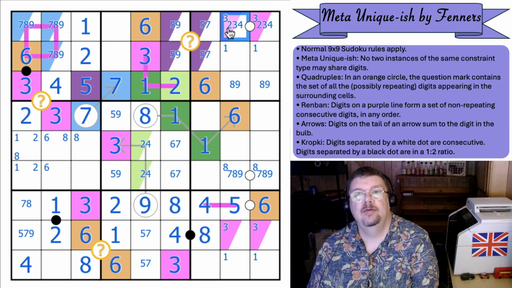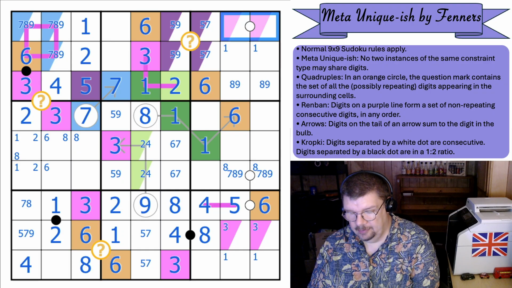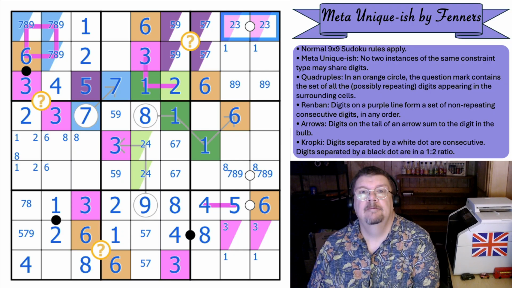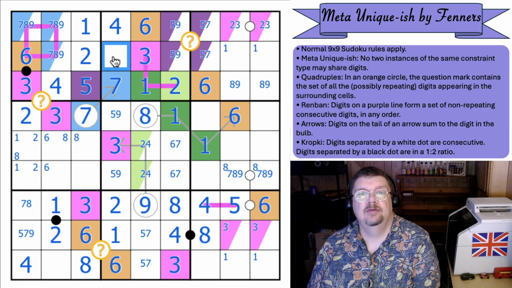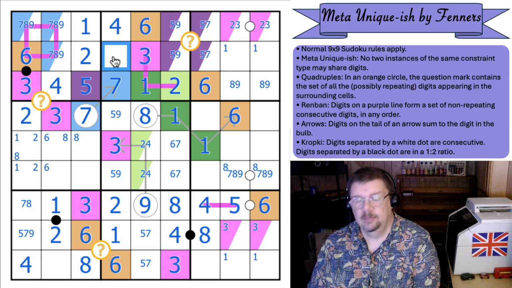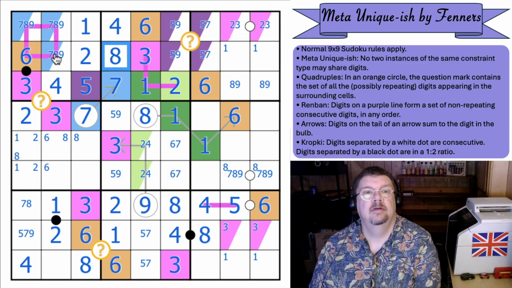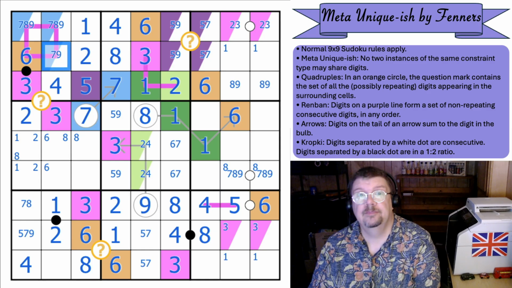And 2 has to go into one of those two, so that's now a 2-3 pair. And the only place for 4 in the row is there. And that makes that an 8. So that is not an 8.